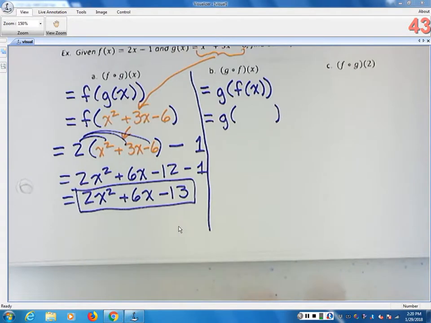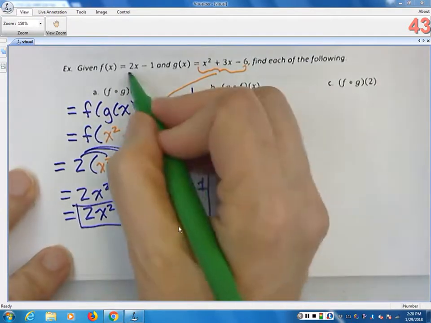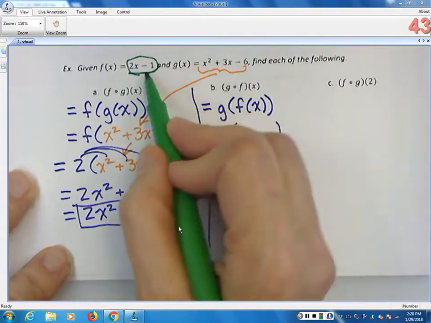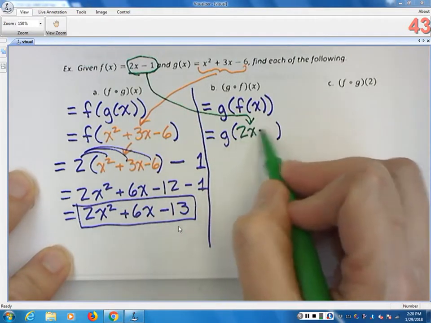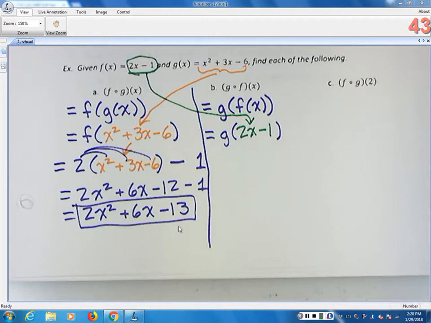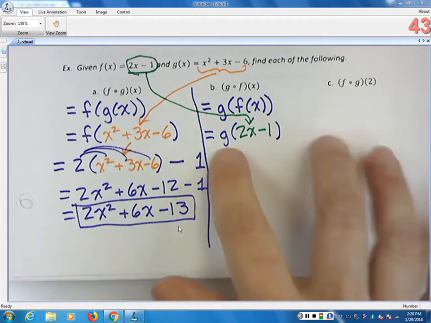So f of x is 2x minus 1. And put that right in there. Now you got g of 2x minus 1.